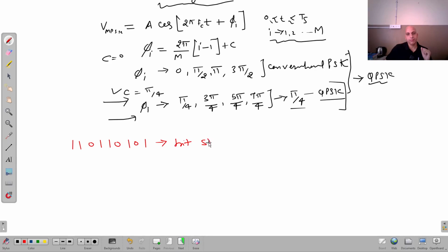Input bit stream. First of all, we will identify the odd bits and even bits. So this is odd: 1, 3, 5, right, 7 and 9, right? These are odd bits. These odd bits are also known as in phase bits. Whereas this is 2, 4, 6 and 8. These are even bits, right?